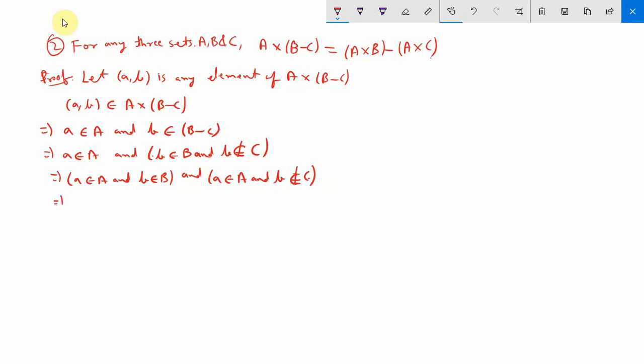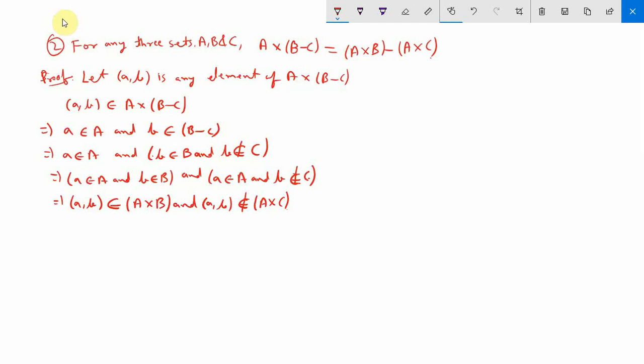So this we can write as the ordered pair (a, b) is an element of A × B and (a, b) is not an element of A × C. Okay.